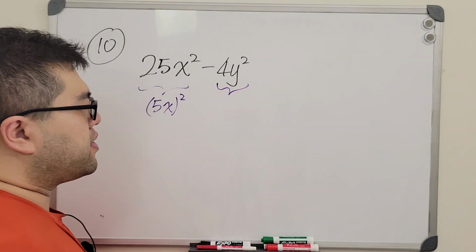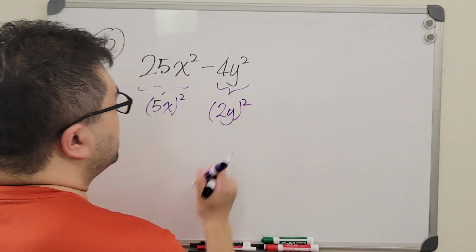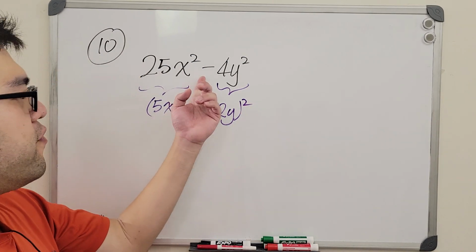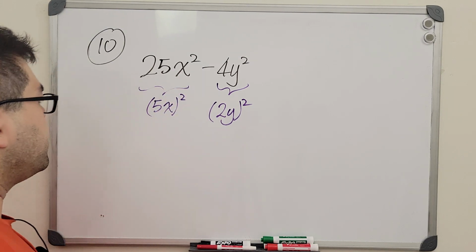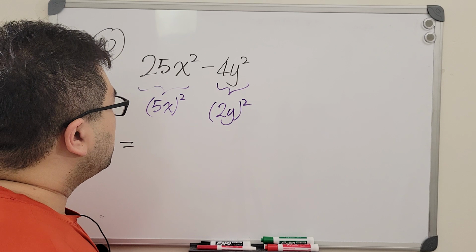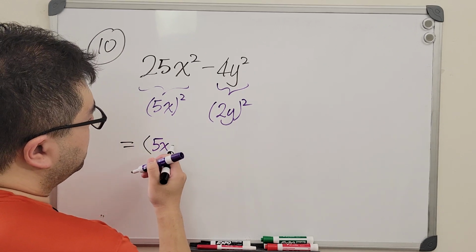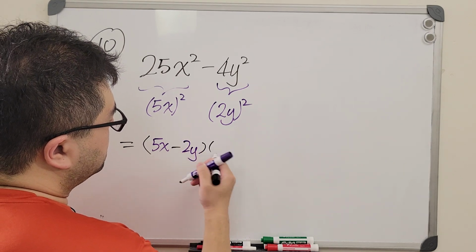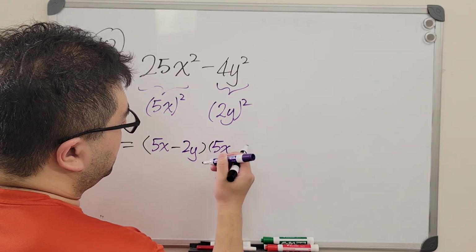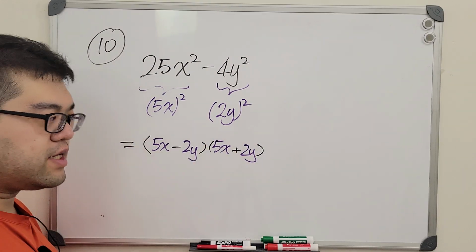Similarly, our b squared would then be, b is 2y here. And now, don't forget we need to check the sign here. This is a negative sign. So what's the answer? It would just be a minus b times a plus b, and that's it.